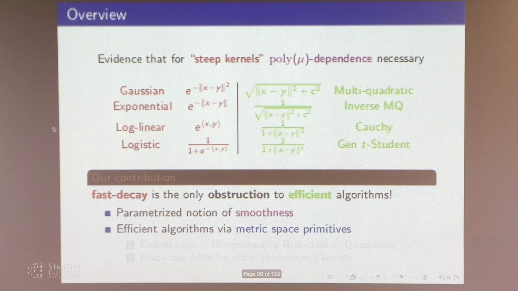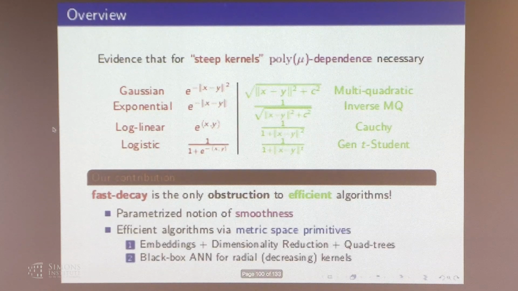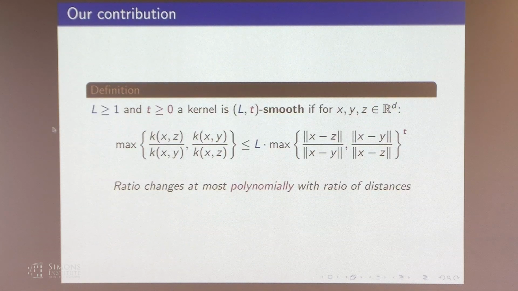For this we parameterize the kernel. We say the kernel is smooth if the following happens. Look at the kernel value relative to x: take a point z and a point y, and look at the ratio of the kernel values of xz and xy.